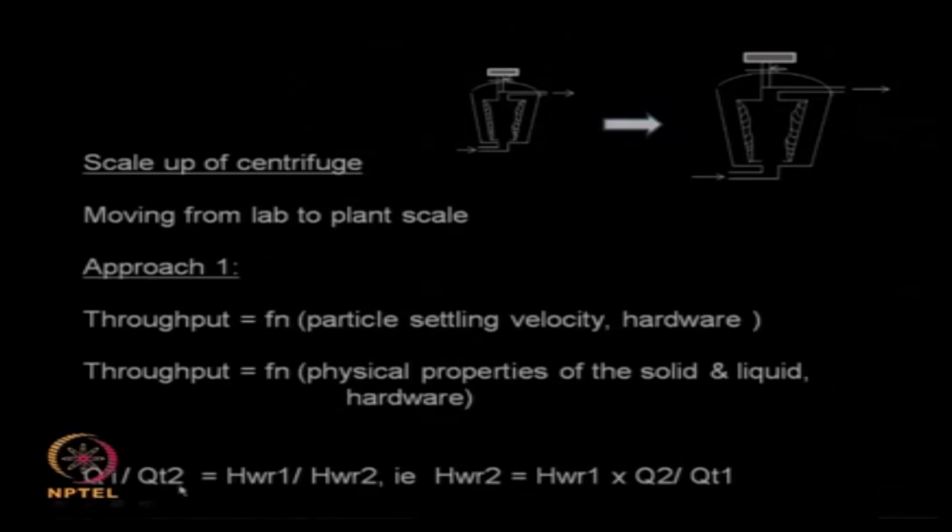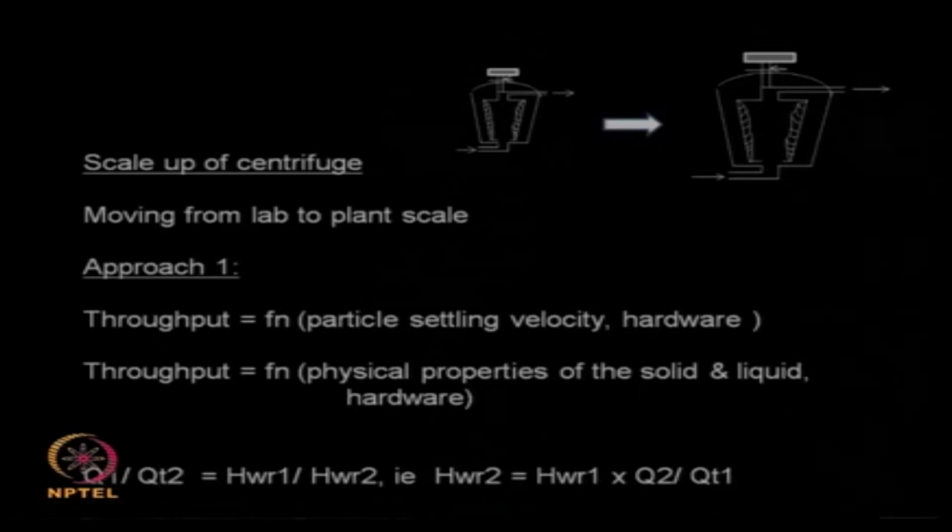So I can say Q1, that is the throughput in centrifuge 1, divided by the throughput in centrifuge 2, equal to hardware 1 divided by hardware 2, or I can do some mathematical manipulation and say that the hardware 2 will be equal to hardware 1 multiplied by Q2 by Q1.